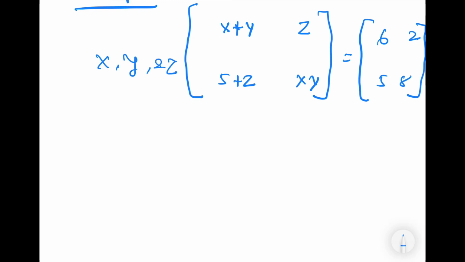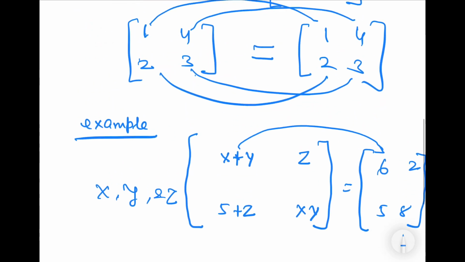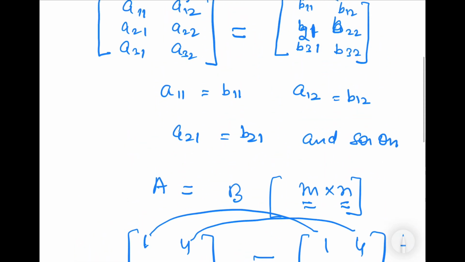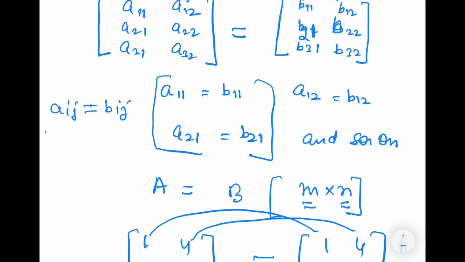See, when they are equal, then corresponding elements are equal. X plus y is equal to 6. Here, if we want to generalize this, we can say that Aij is equal to Bij. This is the generalized form of writing these equalities.